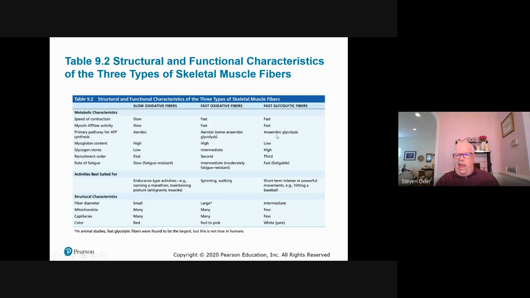They occur in an anaerobic glycolysis pathway. Okay, so that is very, very important.